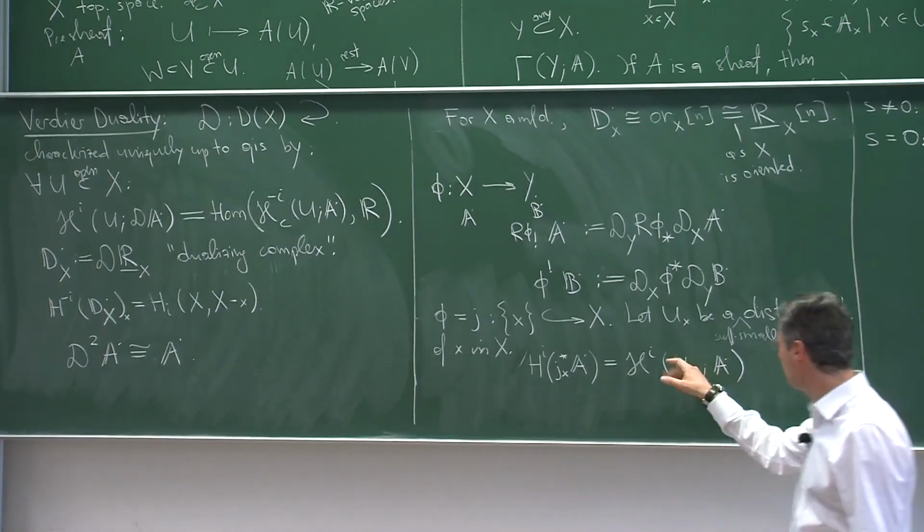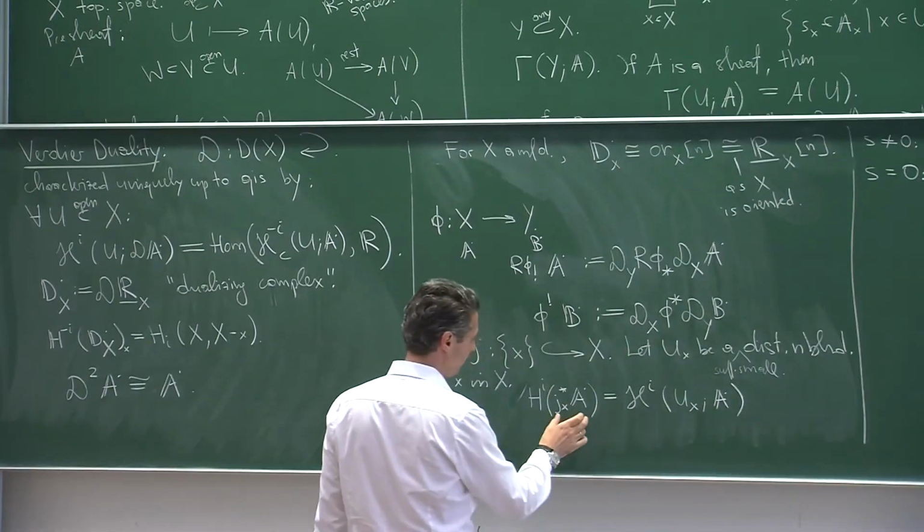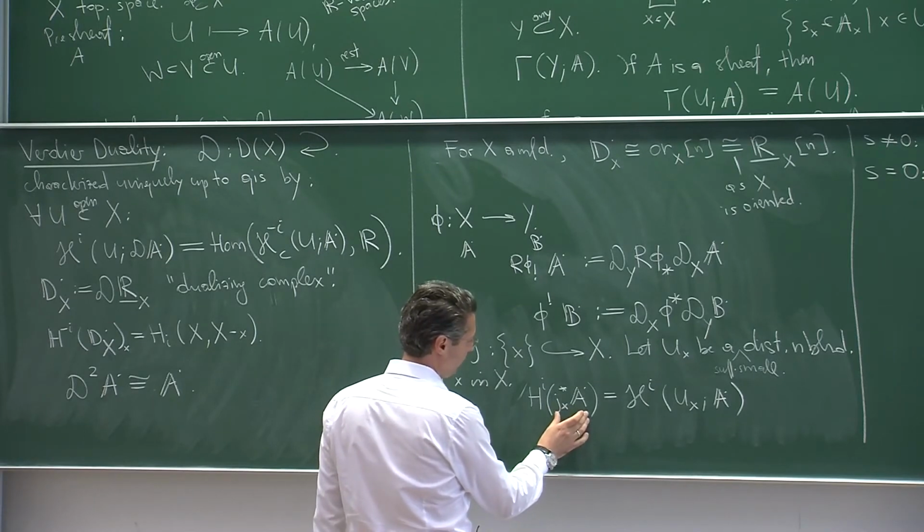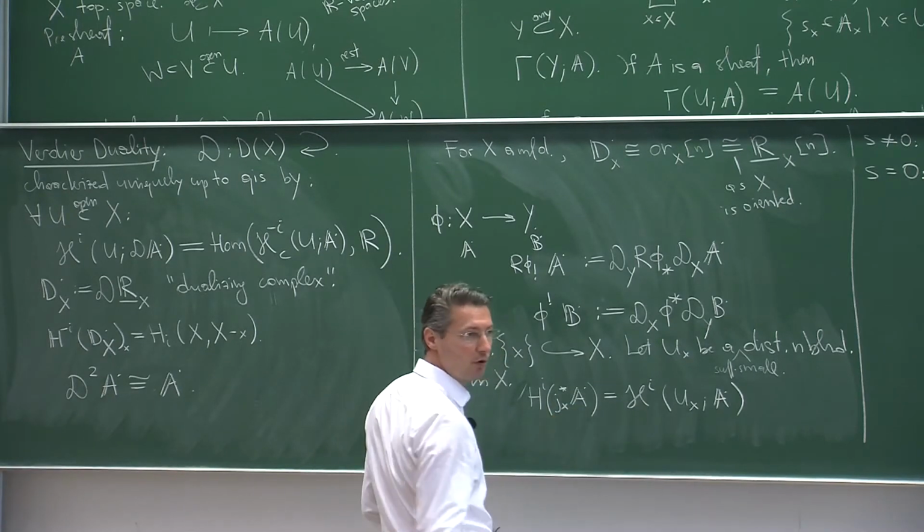So you just take a neighborhood of that type and compute; that's the stalk. The cohomology stalk of a sheaf complex can be thought of that way.